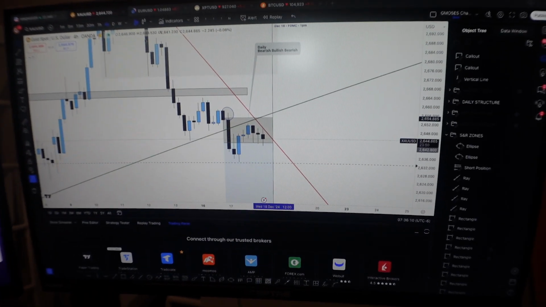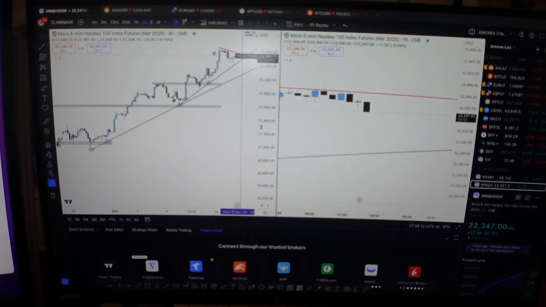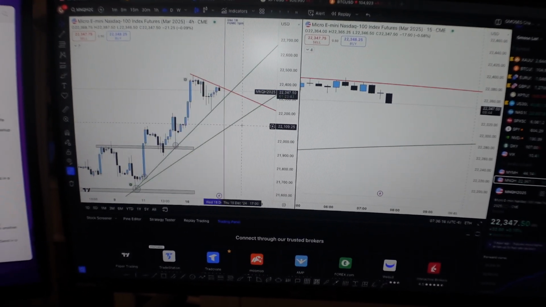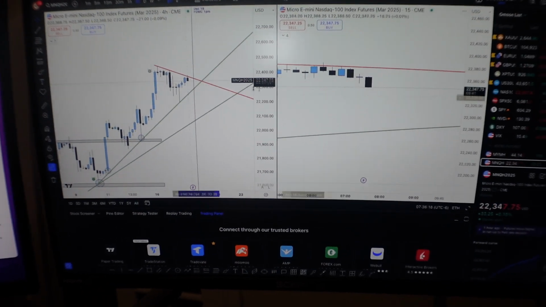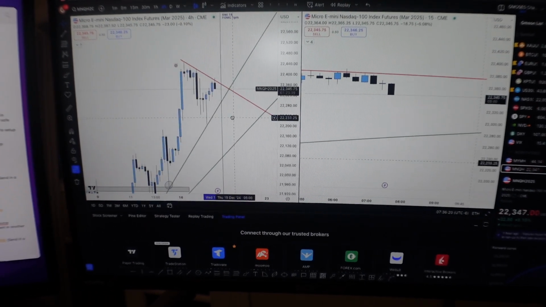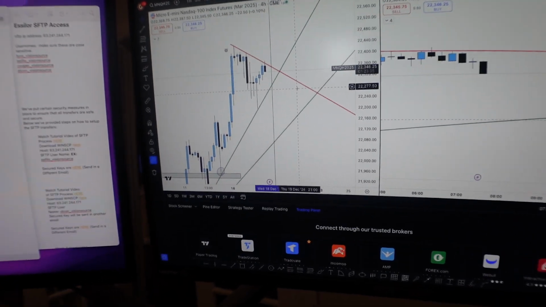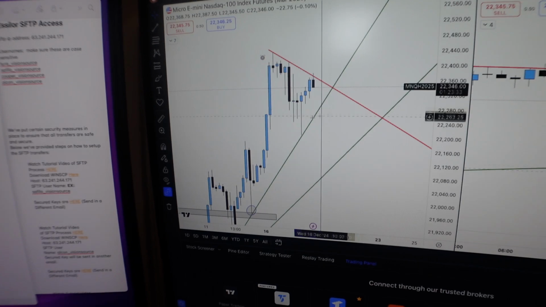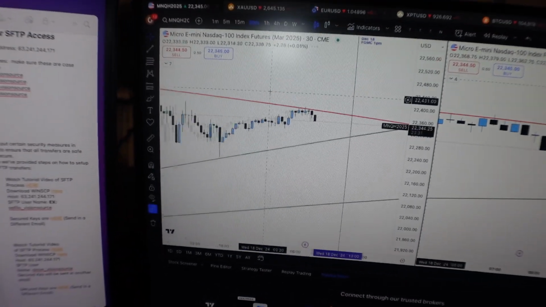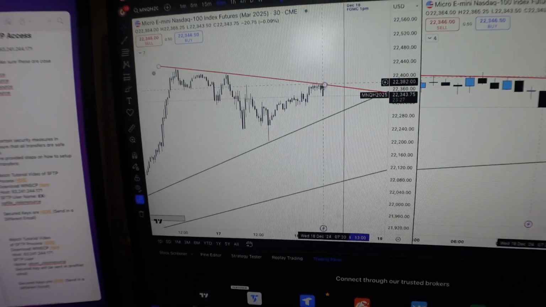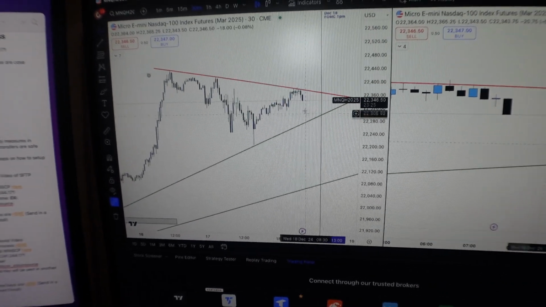If we're looking at NAS NQ on our futures side, I actually missed this trade here, but it's kind of small, so I didn't really want to take it. I could have, but we can see it's bouncing off this trend line here. That gives us 3 valid touches. If we go to the 30-minute, you can see we have 1, 2, and 3 touches and price is coming down.